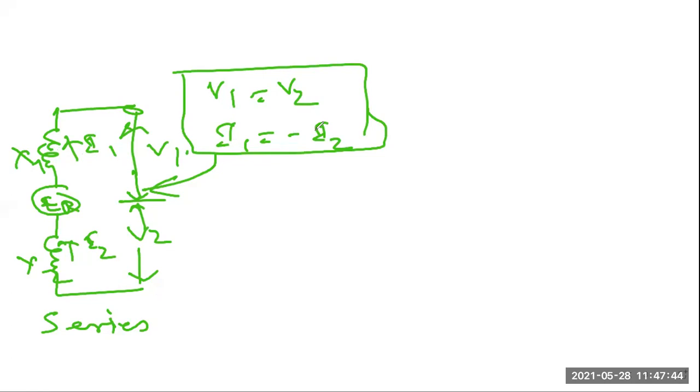I1 equals minus I2, but here I1 and I2 are in the same direction because they are connected in series. So can we draw a series connection for this expression which we have derived? And if it is not, then what should be the corrected connection? And if it is true, justify that this is the network.